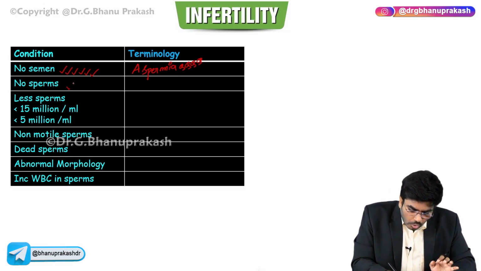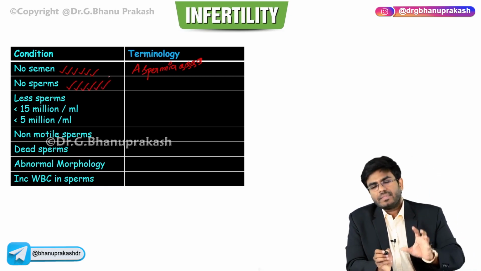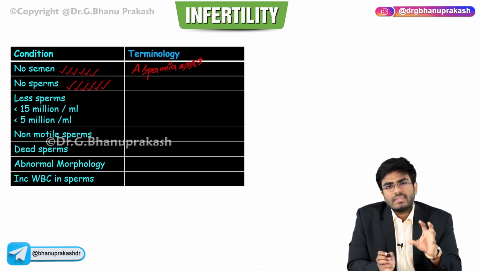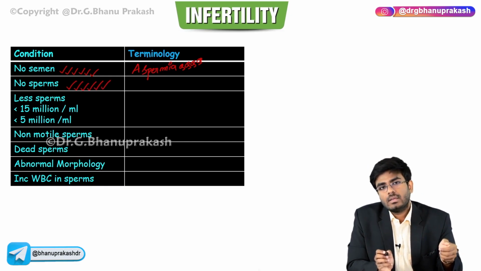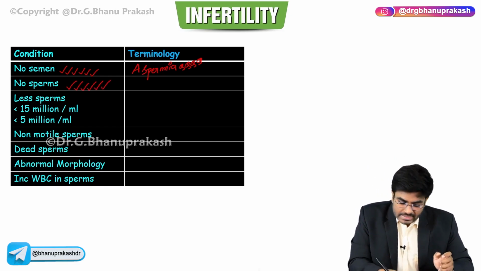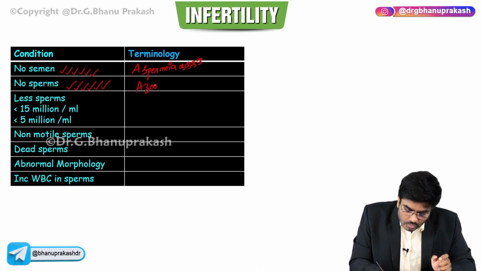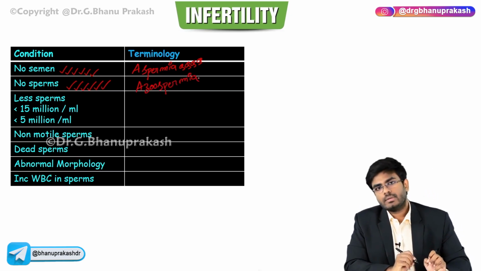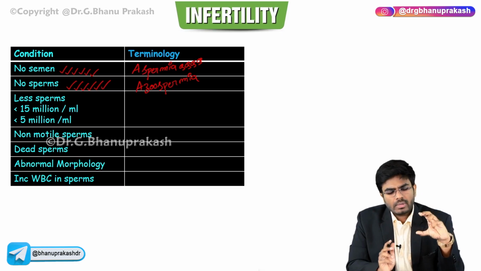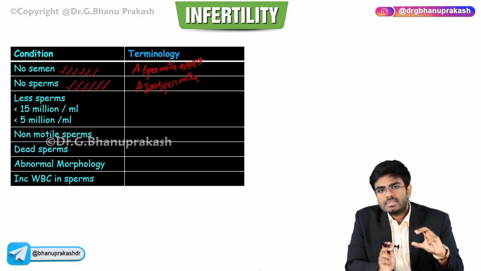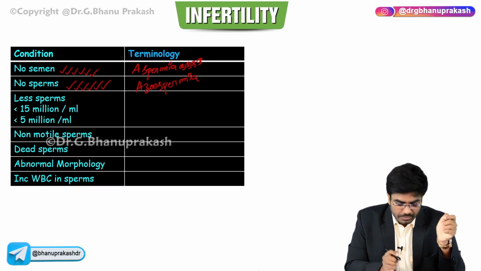Now, if there is semen, but sperms are not there, this should be called azoospermia. Okay, well and good. Now he brought the semen in the container, and in this semen there are sperms but less number of sperms.